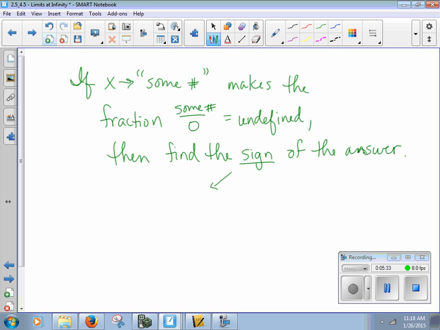That way, if you end up with a positive answer, your limit will equal positive infinity. If you end up with a negative answer, the limit will equal negative infinity. That's when we throw the numbers out the window and really just focus on whether it's a positive answer or a negative answer. I'll show you what that means in just a second.